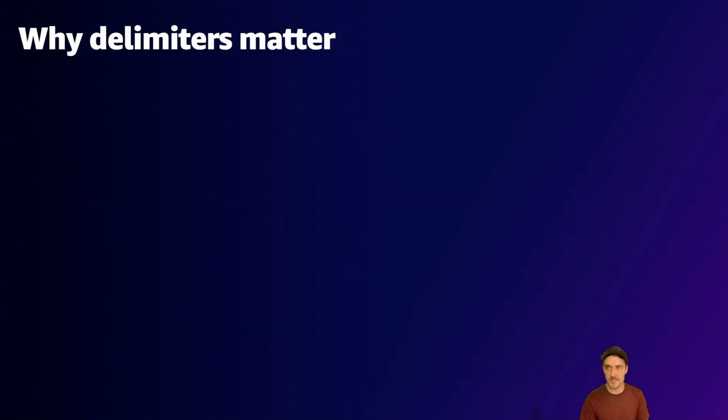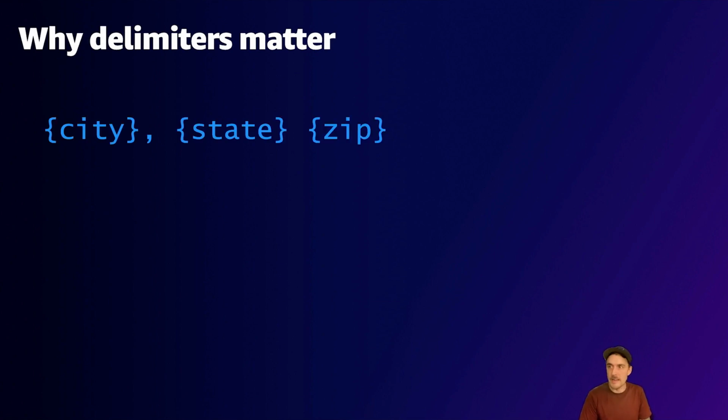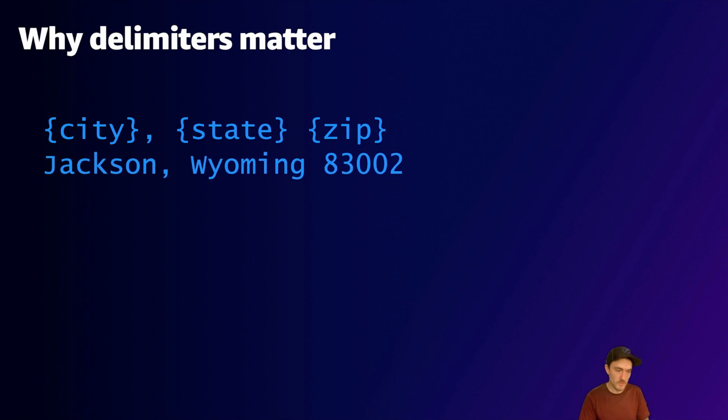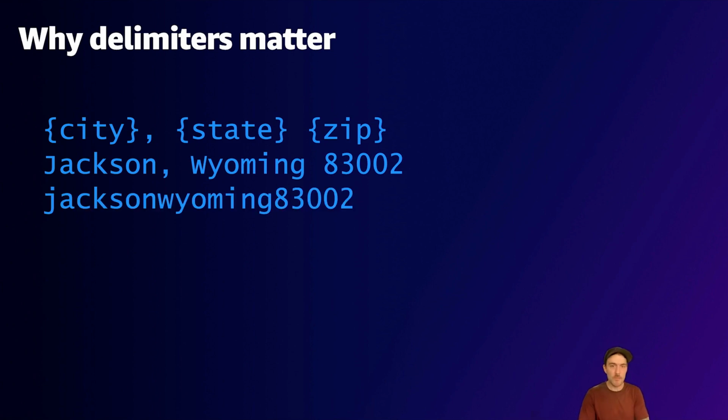Why delimiters matter. This might seem arbitrary, but it's probably one of the more important things that you can do. I'm going to talk about a situation where we have a composite sort key of city, state, and zip. These are the values that somebody has provided, and we'll say this is part of a partition key.